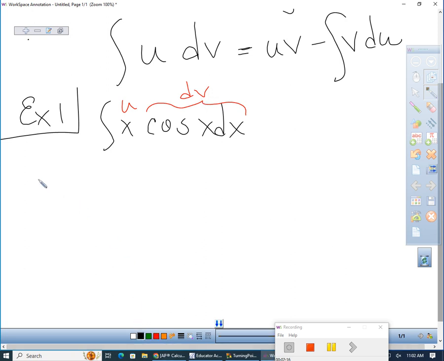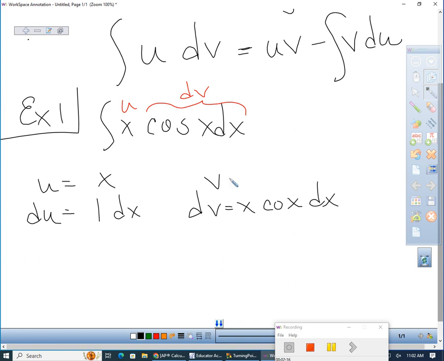So u equals x, which means my du equals 1 dx. And my dv is going to be cosine x dx, which means my v is the antiderivative of that, not x cosine, just cosine x. Sorry about that, I'm just writing too much. So my v, or the antiderivative of cosine x, is sine x.